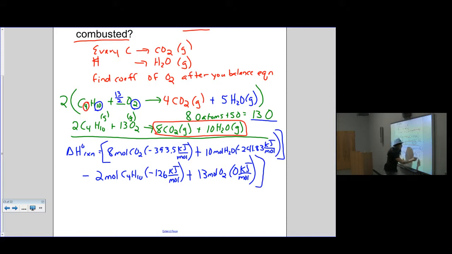Okay, and I'm going to sum up all of this. For the first part, you get negative 3148 kilojoules for the carbon dioxide. Then for the water, minus 2418 kilojoules. Those are my products. Then I'm going to subtract out the reactants, which turns out to be minus negative 252 kilojoules.